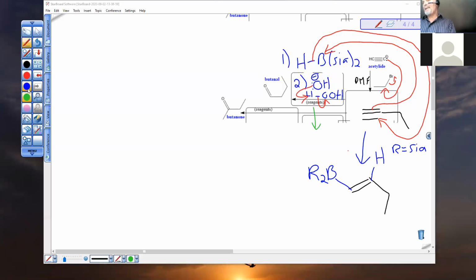Peroxide anion. Remember, the first time you generate an O- in this mechanism, it does the same thing the second time you generate an O- in this mechanism. It attacks the more positive boron.